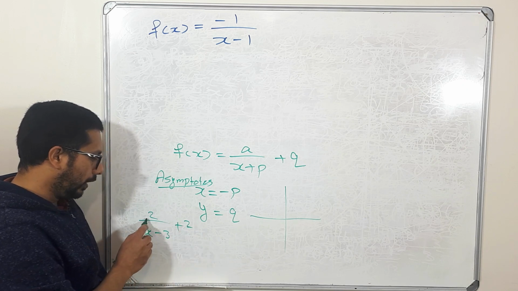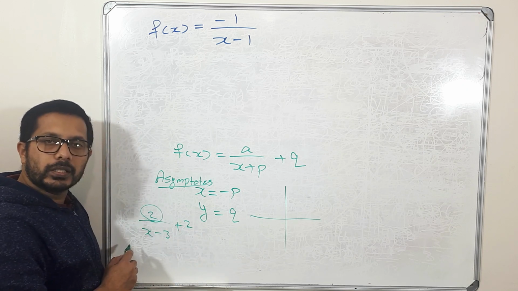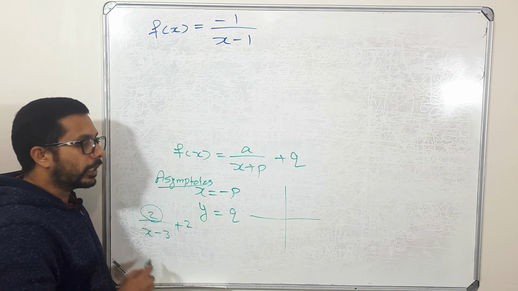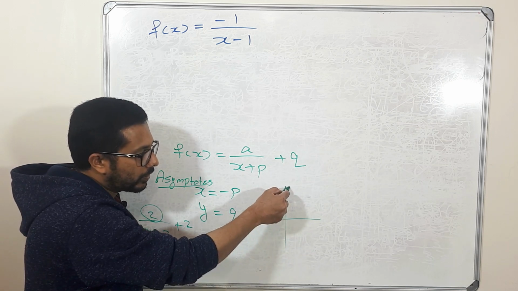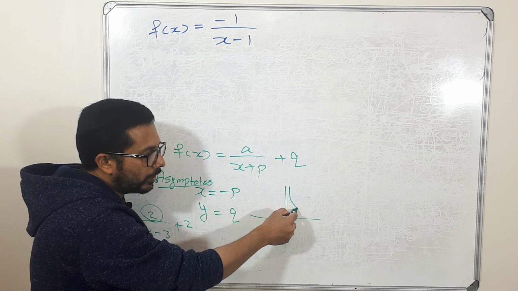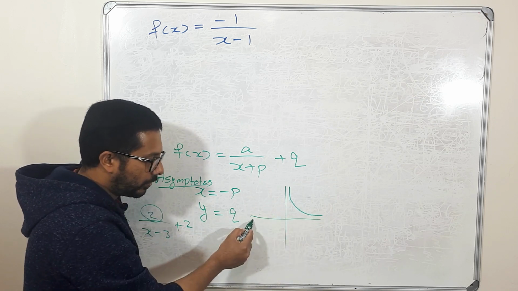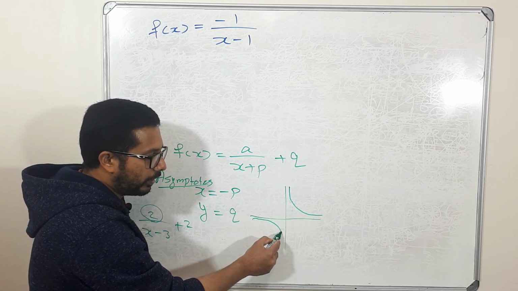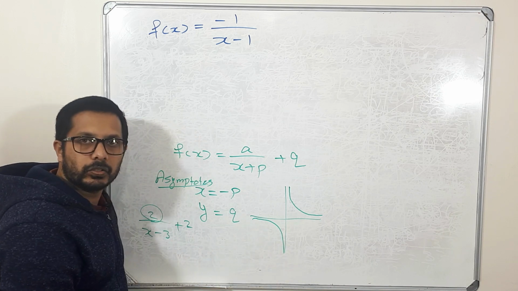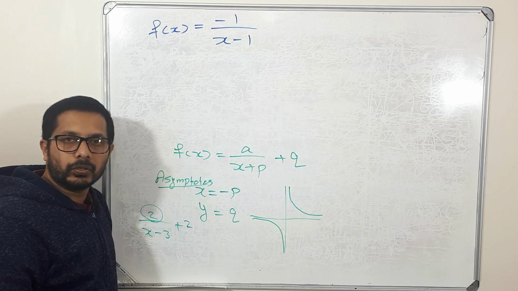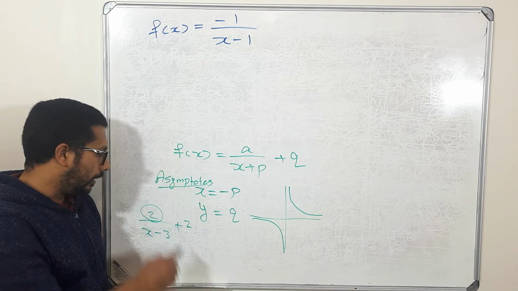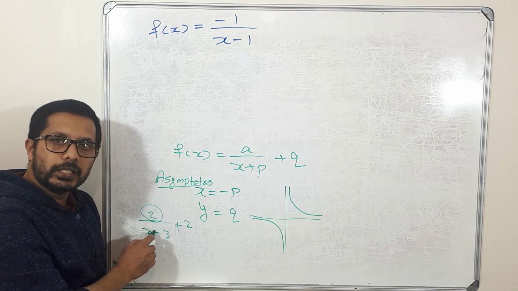Here the value of a is a positive number, so the graph is decreasing. Look at this one: decreasing, decreasing, and here also decreasing. So in the first quadrant and third quadrant, when the value of a is positive.